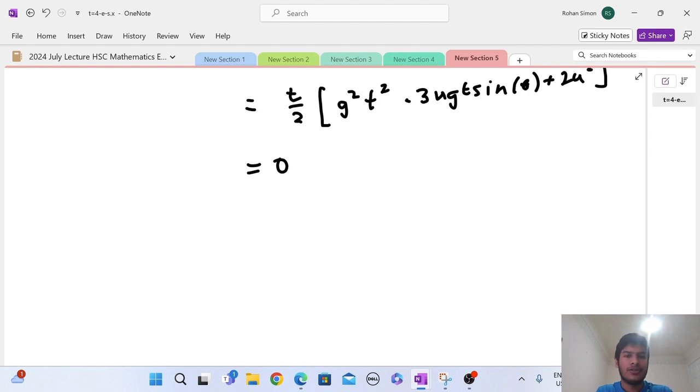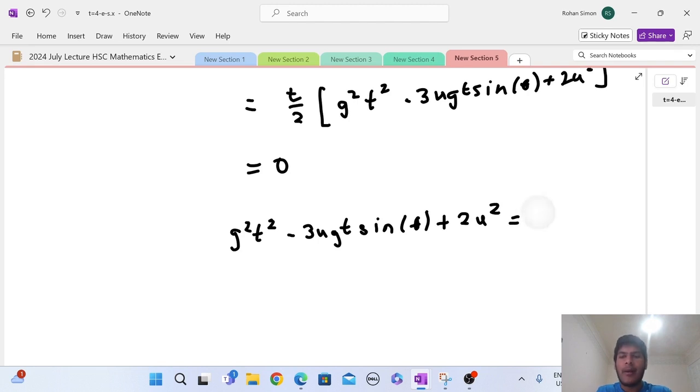And so we've got g squared t squared minus 3ugt. And this discriminant trick, it's not really a trick, but it's something that turns up quite often: if you've got a quadratic and you're interested in not really what the solutions are, but how many solutions there are, then you want to look at the discriminant, right?